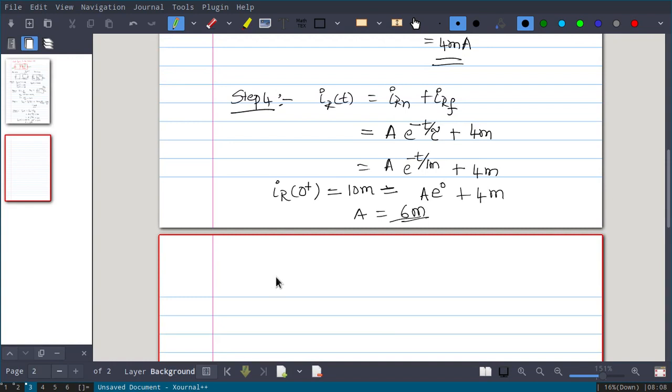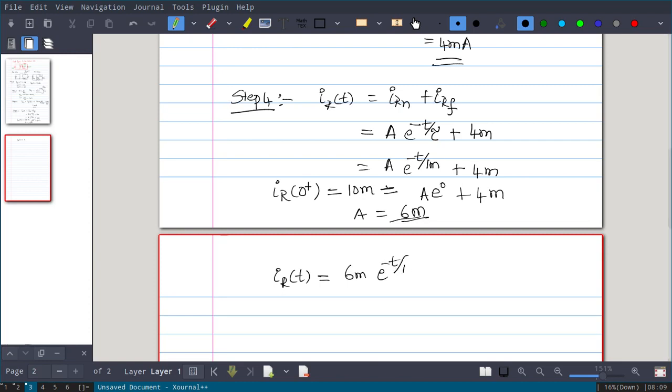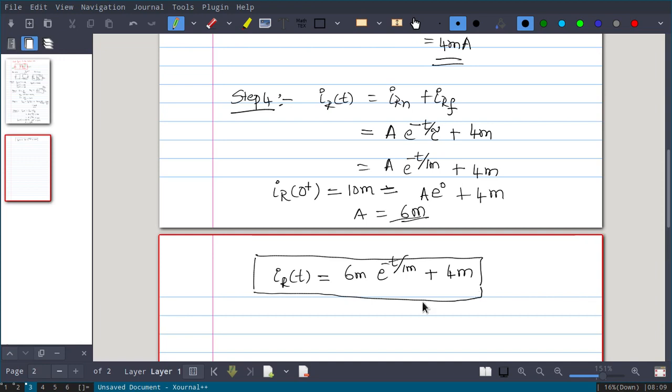Now if you substitute in the main equation, IR of t is equal to 6 milli into e power minus t by 1 milli plus 4 milli. Now you can substitute t equal to 0. What current are we expecting at t equal to 0? We are expecting a current of 10 milliamp. Substituting t equal to 0, e power 0 is 1, so 6m plus 4m is 10m.